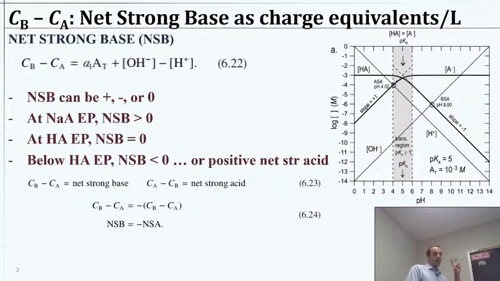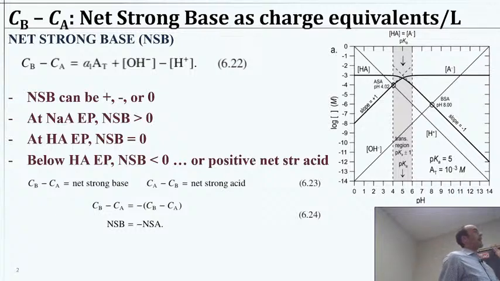This concept, the net strong base concept, and we could do net strong acid, it's very much the same thing in reverse. But the net strong base is a very common way to look at our systems, and it's very common to titrate systems by adding strong base and measuring how much we added and what impact that had on our system. So the Cb minus Ca is our definition for a net strong base.